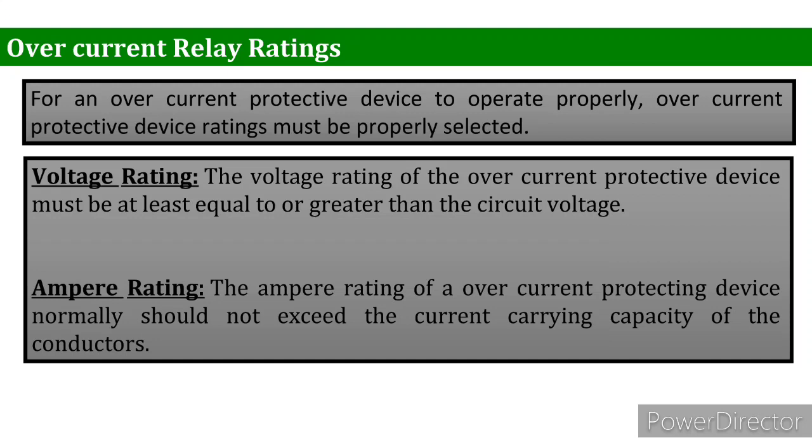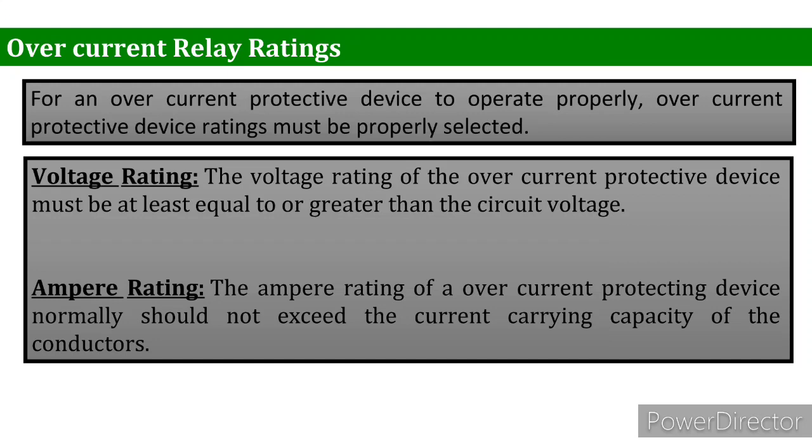If we divide into two sections, first the voltage rating: the voltage rating of the overcurrent protective device must be at least equal to or greater than the circuit voltage. The rating can be higher than the system voltage but never lower.